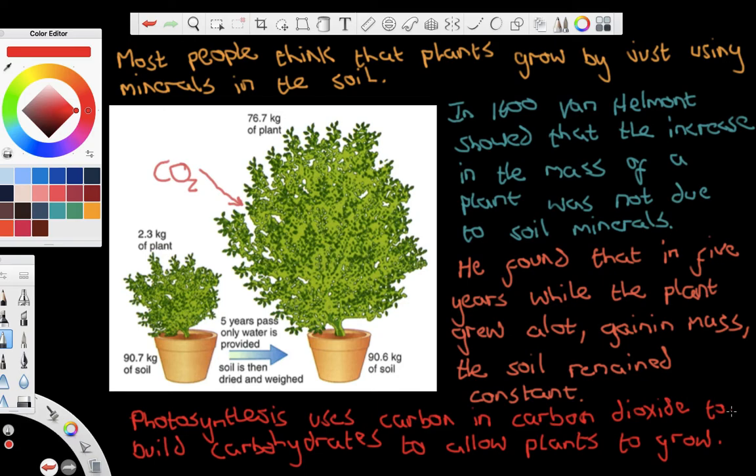So it's this carbon dioxide which is used to build carbohydrates that allow plants to grow. Okay?